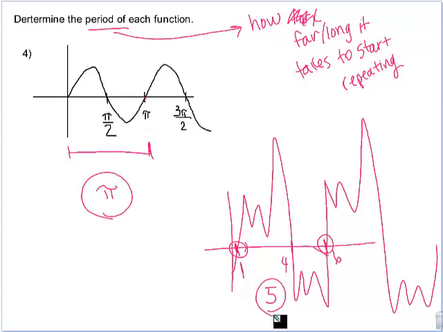Here we start at 1 and then we see the same pattern happening again at 6, so we would subtract them and say the period is 5. Make sense? Will all the ones that we get be with the pi? They'll either be with pi or with numbers, depending. It just depends on what the function looks like.